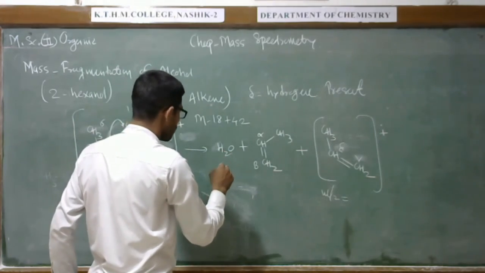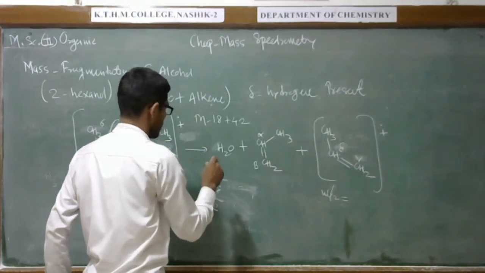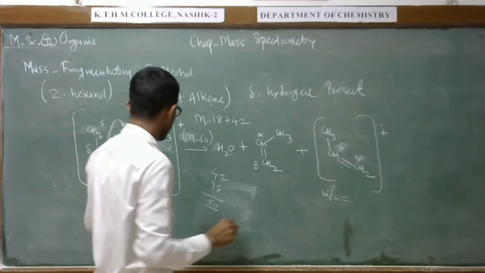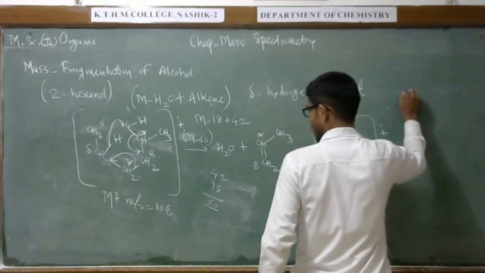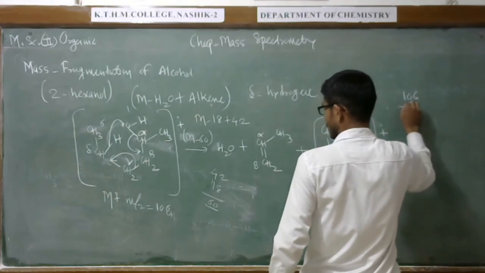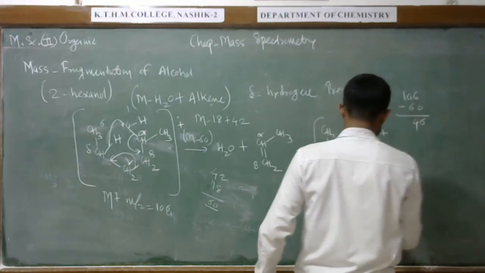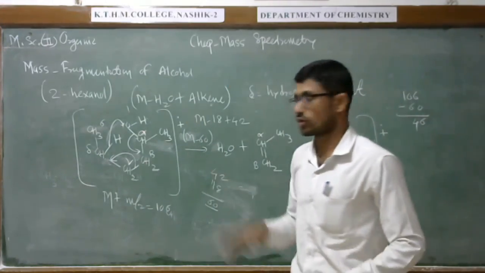So you have to show the loss of overall 16. How much? 16. So 106 minus 16, so that value comes out to 46. At this value we can observe the peak in 2-hexanol.